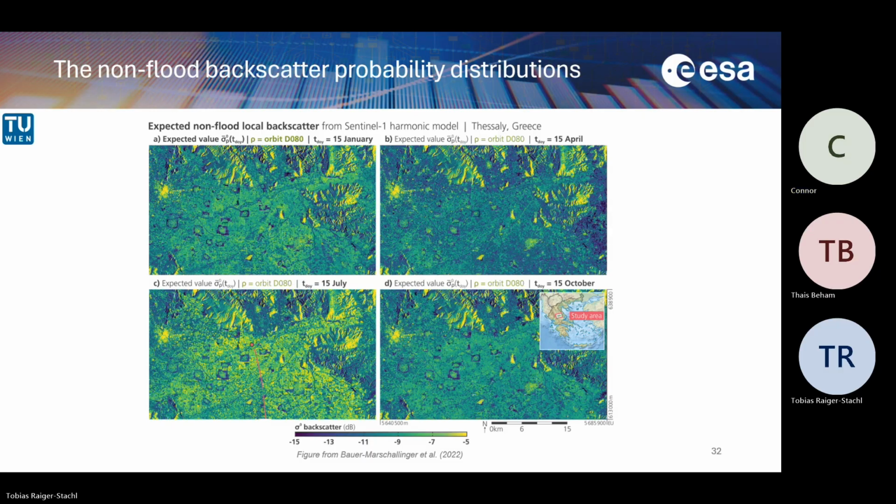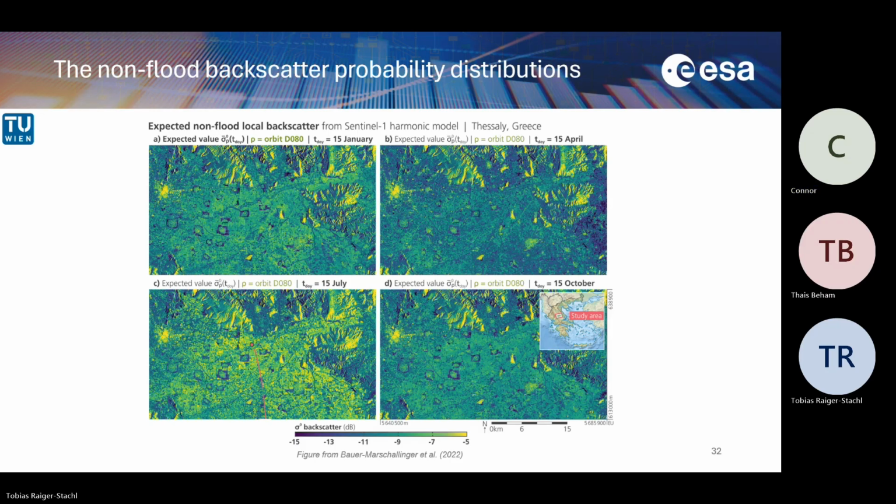As you can see, the backscatter value is varying depending on the time of the year, which is normal because maybe you have more dry land, more precipitation on average during a certain season. So we have to take that into account before deciding whether a certain pixel is flood or not flood, or at least this is our method.